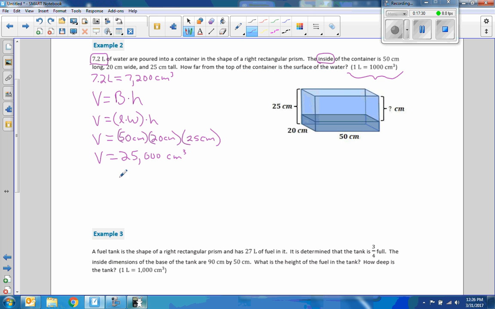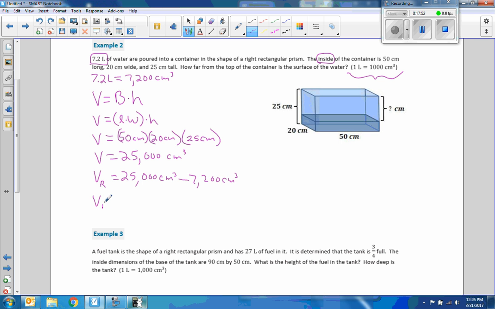So now I know the volume that we don't know, so I'm going to say volume remaining, a little r, the remaining volume equals the total volume minus the volume of the water, 7,200 centimeters cubed.